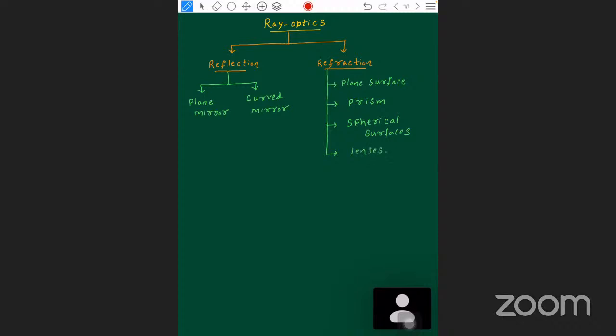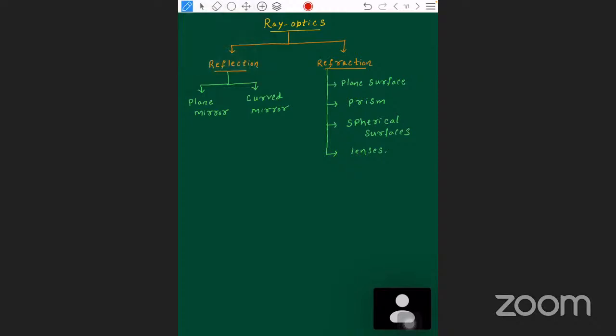So in refraction, you are going to explain the phenomena for four different cases: one is for the plane surface, the second one is for the prism, the third one is for the spherical surface, the fourth one is for the lenses.